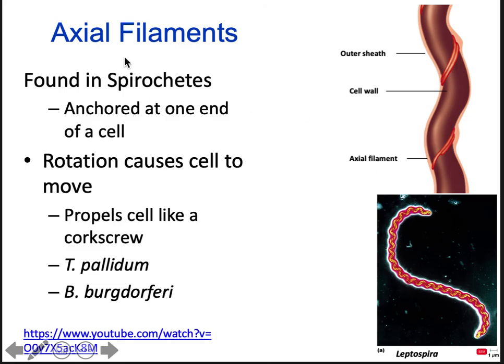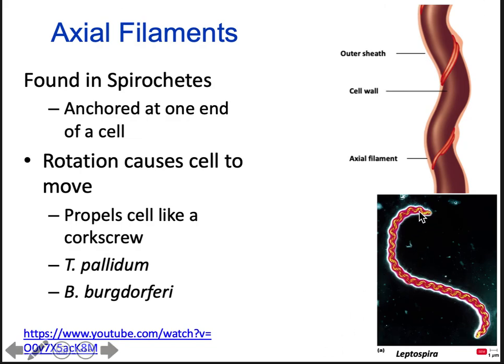So lastly, I mentioned axial filaments earlier, and now you can see there's a thin layer that covers the filament. The filament is on top of the cell wall. So you have the cell wall, then the filament wraps around it, and then you have an outer sheath that goes on top of that. And this is how things like the organism that can cause syphilis and the organism that can cause Lyme disease, this is how they move.